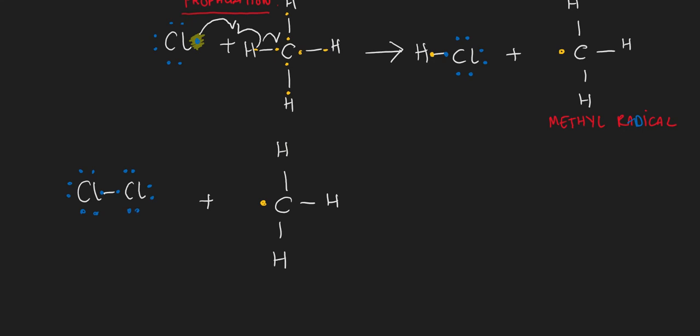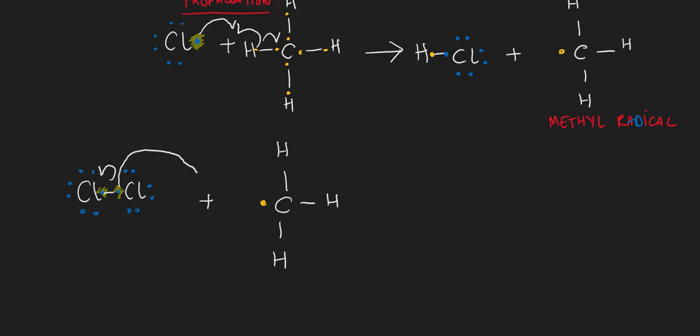And we're going to show, one, that this electron, I'll highlight it here. So let's say this electron here, that's going to move towards this chlorine, and this one here, that's going to be involved in a new bond, okay?